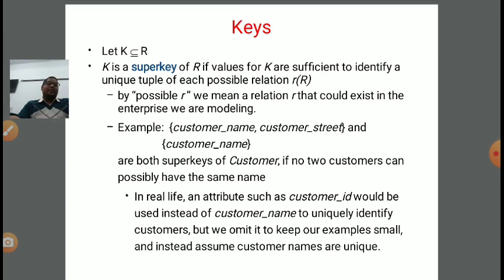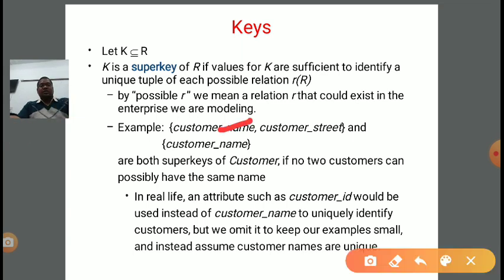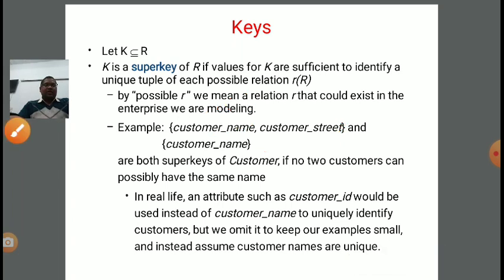Example: suppose I am saying customer relation, three attributes are there: customer ID, customer street, and customer name. It is written wrong here; the first one is ID, the second is street, and the third one is name. In the customer table, customer name and customer street together, or customer name alone, are both super keys of customer if no two customers can possibly have the same name.